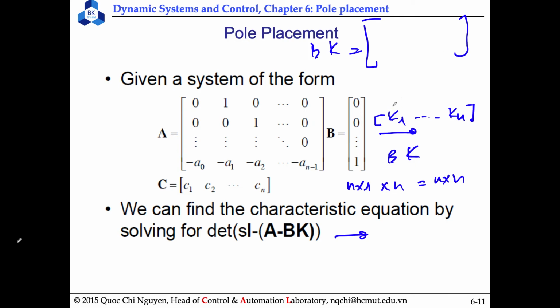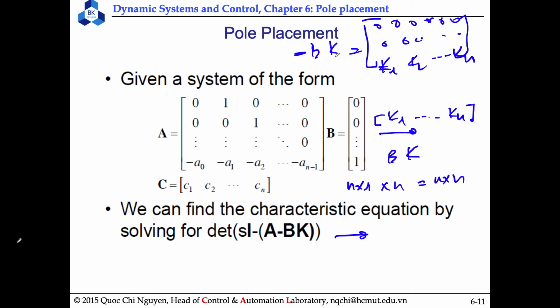So what is the result here? Finally we will have zeros, only k1, k2, until kn here, right?